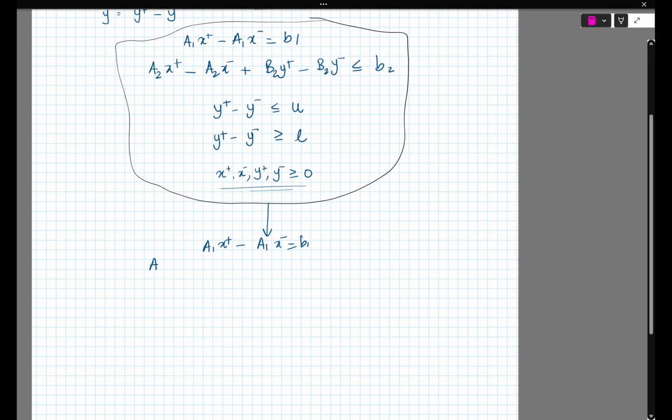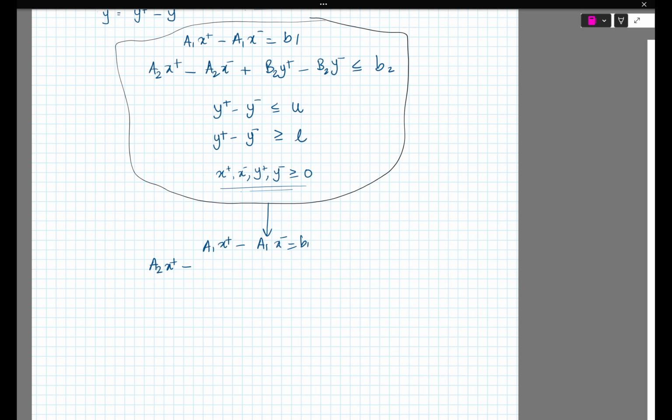So a2 x plus minus a2 x minus plus b2 y plus minus b2 y minus plus z is equal to b2, and z is greater than or equal to 0.